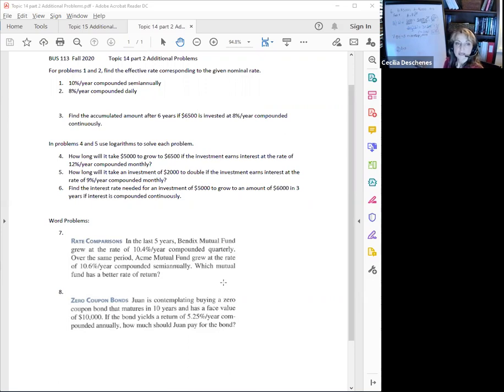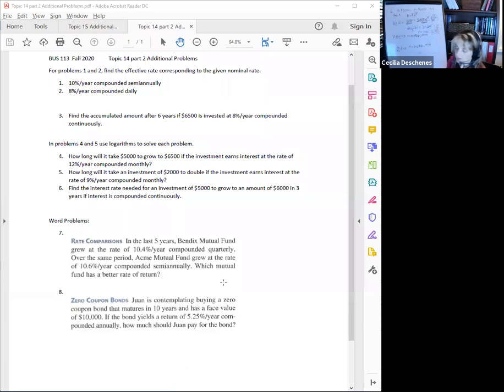Acme grew at the rate of 10.6% a year. So that rate is 10.6% per year, again nominal interest. And this time it's compounded semi-annually. So M equals 2. All right. So the question is, which mutual fund has a better rate of return?